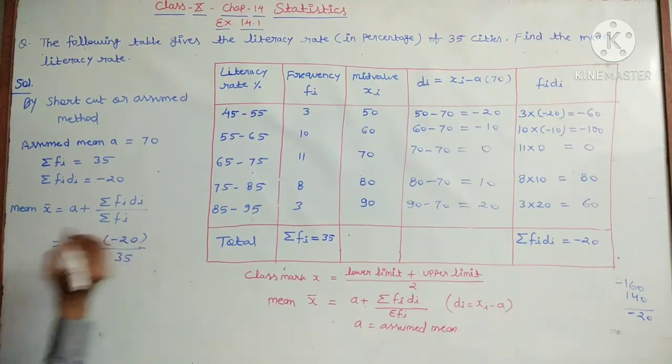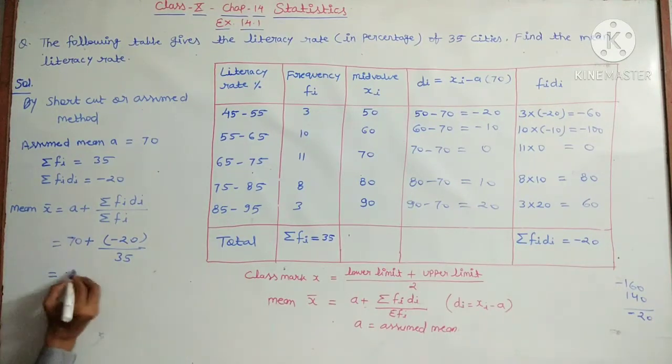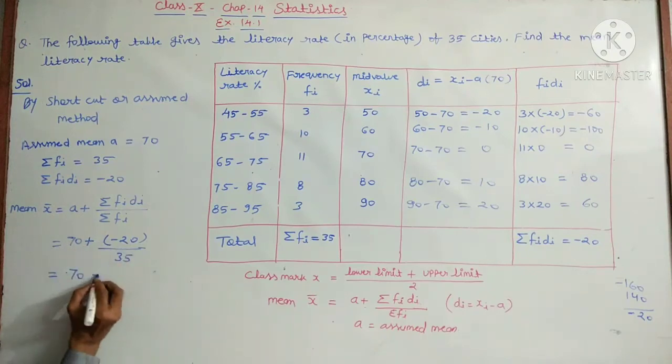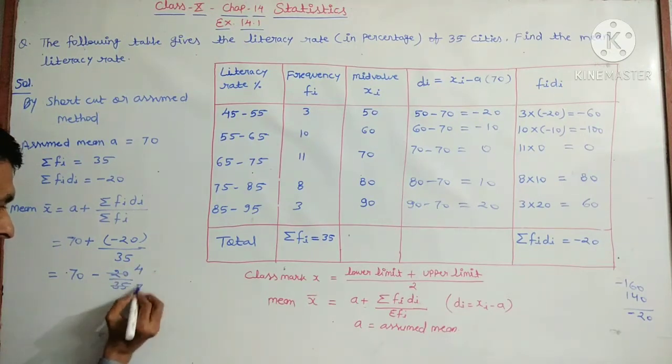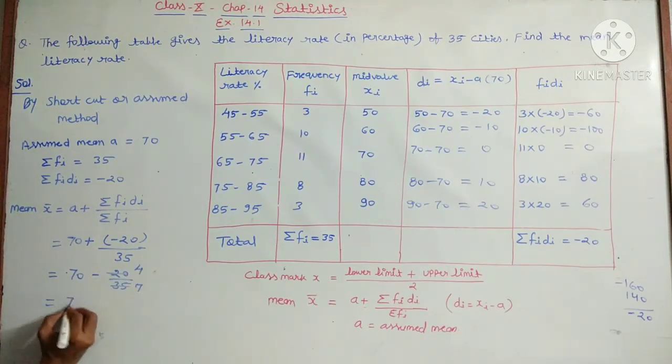Okay friends, now 70 as it is, plus minus 20 upon 35. Dividing by 5, 4 times and 7 times, so the remaining value is 70 minus 4 upon 7.